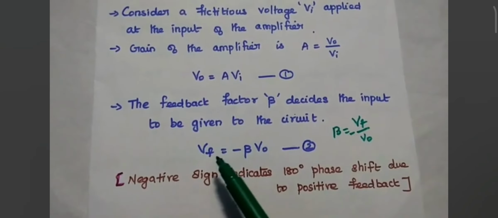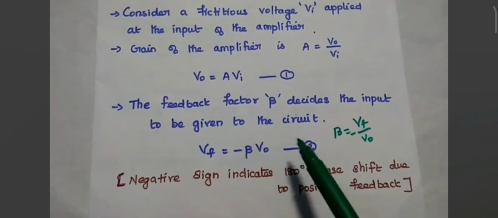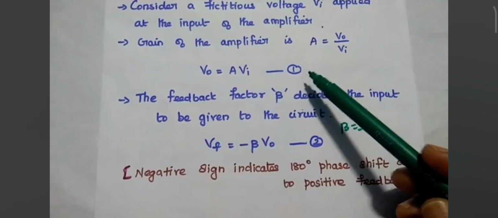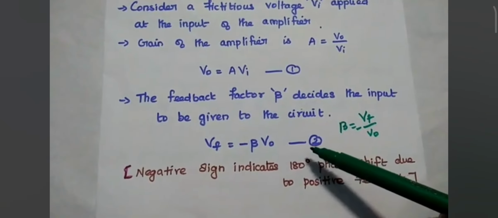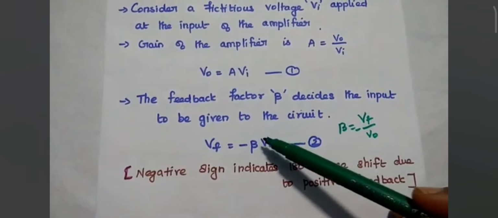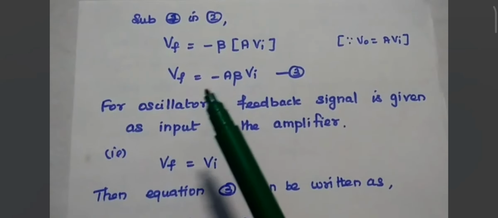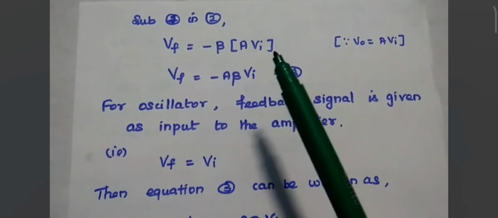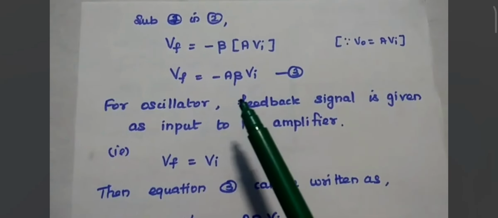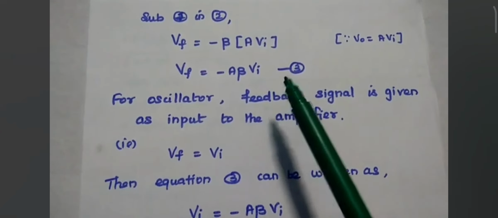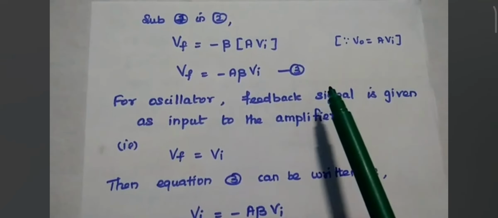So we get Vf is equal to minus beta Vo. Consider this as the second equation. Next we substitute the first equation in the second equation. Vo can be replaced with A into Vi. Then we get Vf is equal to minus beta into A into Vi. We can write that as Vf is equal to minus A beta into Vi. Consider that as the third equation.